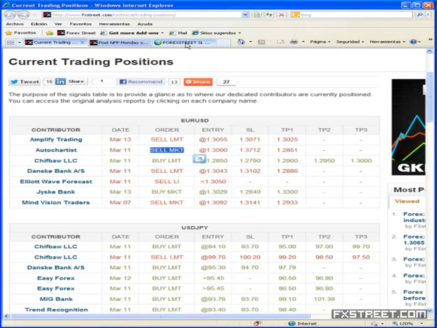The same happens if the stop levels or take profit levels are hit, either for a profit or for a loss. Then the position is removed from the table, and this checking happens every 15 minutes. There is a robot checking for the validity of the positions and removing them from the table.